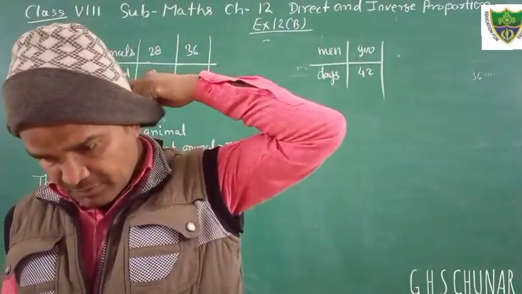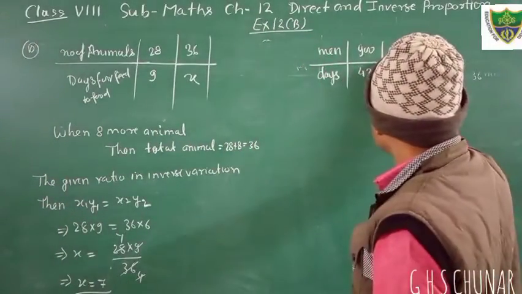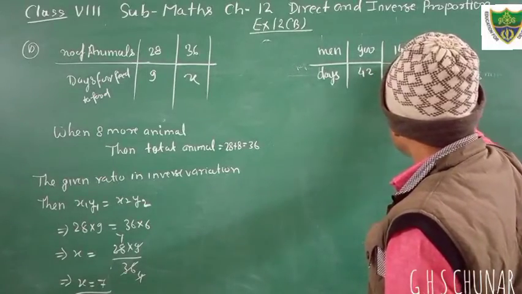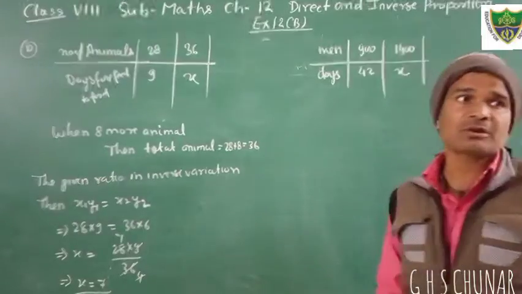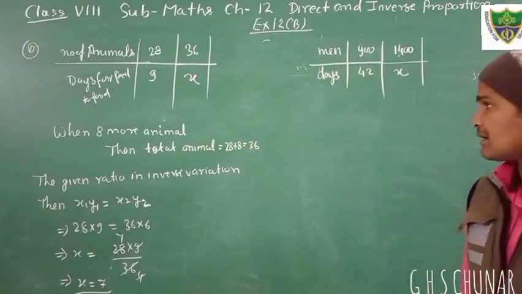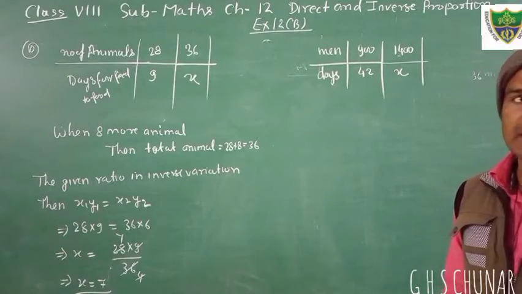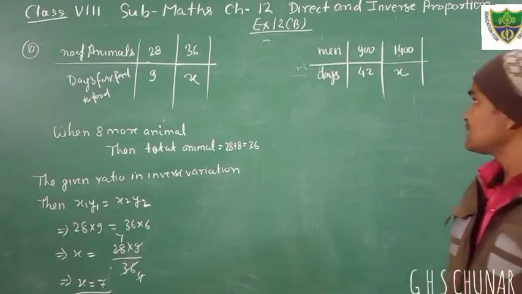After the reinforcement of 500 more men, the total number of men will be 900 plus 500, that is 1400, and the days are x.